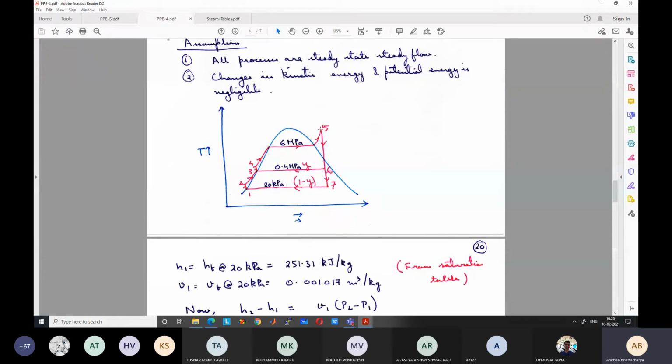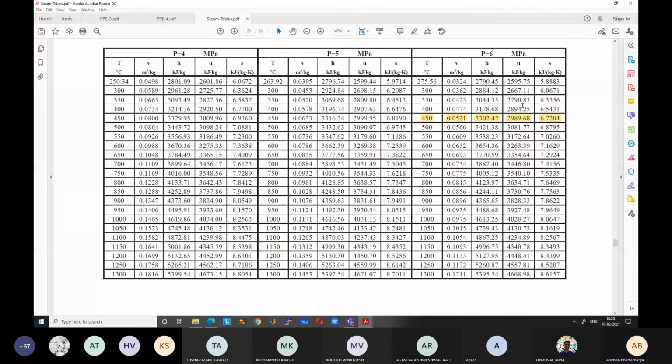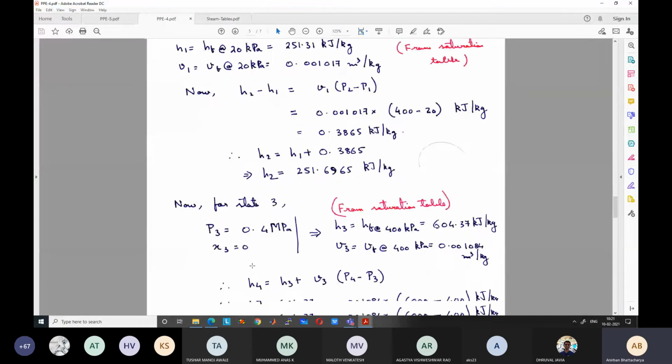So S5 also we can find at the same state, 450 degree centigrade and 6 MPa pressure. S5 is equal to the entropy given by the table, 6.7204 kilojoule per kg Kelvin.